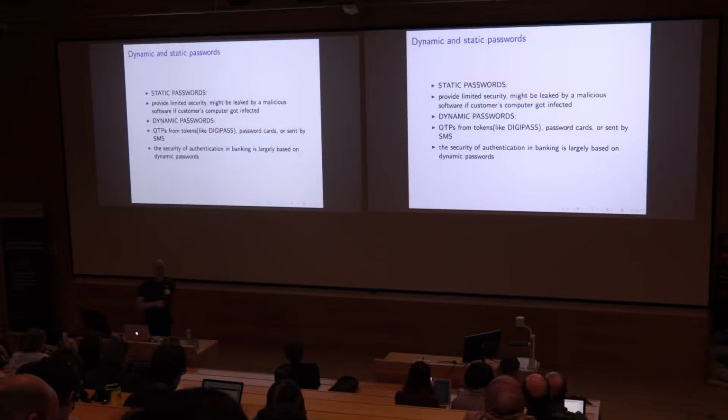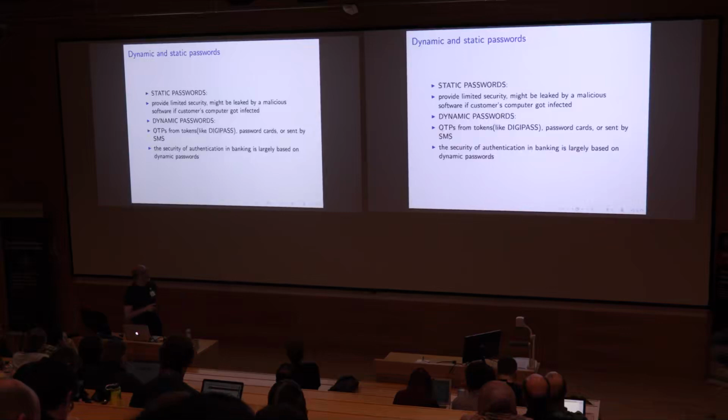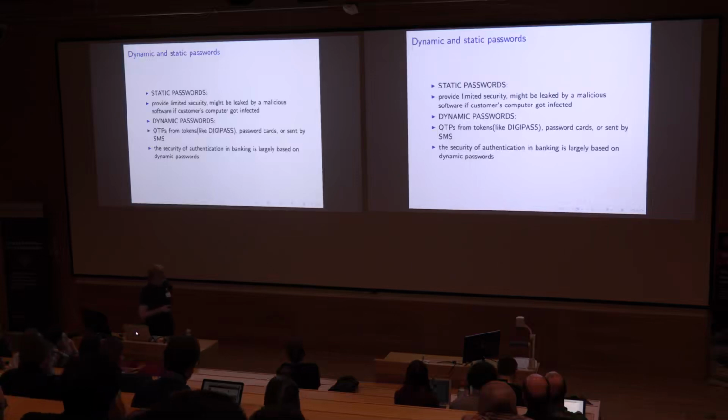The difference is that static passwords may be leaked by some malicious software or by some other means. But dynamic passwords are in some sense stronger, like one-time passwords from DIGIPASS or other tokens like RSA token, password cards, or sent by SMS. And the security of authentication is largely based on the security of one-time passwords.